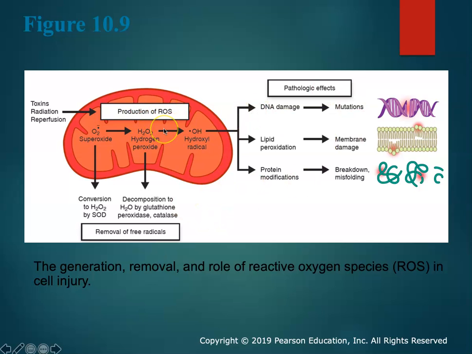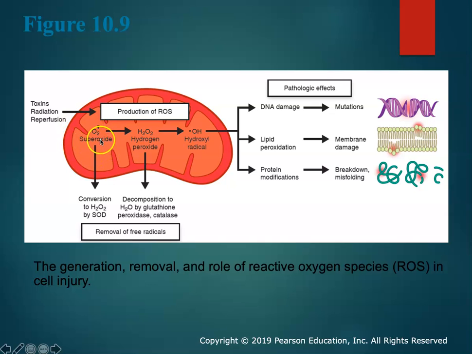Now remember, the cell itself produces these normally from some normal metabolic processes, but certain toxins, radiation, reperfusion are all going to induce the number of reactive oxygen species and create free radicals that normally wouldn't be there. And so like I said, there are enzymes that exist to get rid of these reactive oxygen species. So these are all different examples of reactive oxygen species.